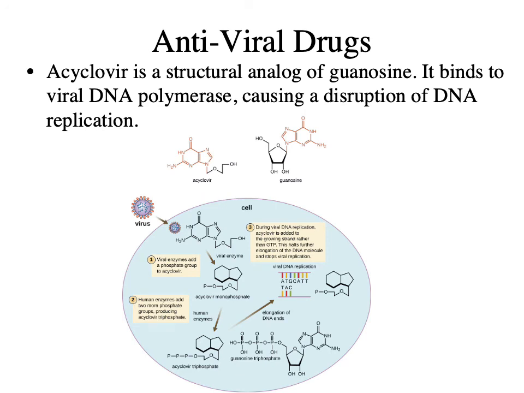Antiviral drugs. We do have some antiviral chemotherapies, and it kind of just depends on what the virus is. One that we're going to see quite a bit is a drug called acyclovir. Acyclovir basically gets into the DNA replication cycle of a virus, and this works really well, particularly for lysogenic viruses that are DNA viruses that can basically go into a latent phase and then reawaken.